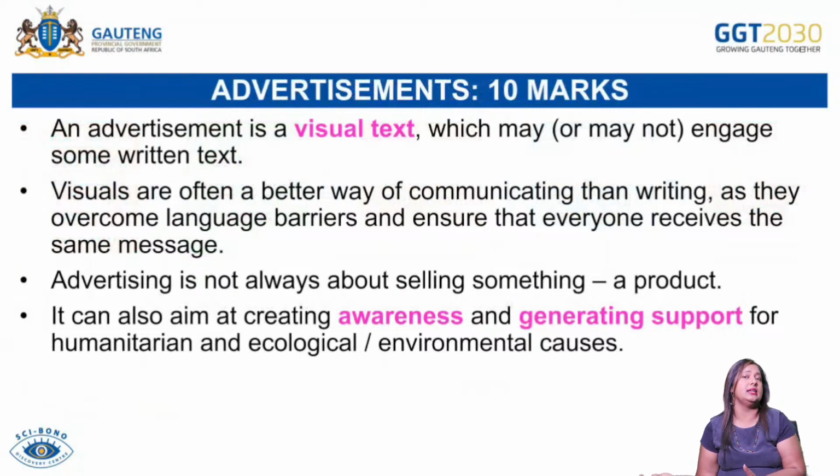It could be selling a service or showcasing an important event that is about to take place in your environment. So it's also about creating awareness, generating support for maybe a charity fund. When you get these pamphlets, for example, you're going to have to sift through for information about that particular event or cause that is being mentioned.